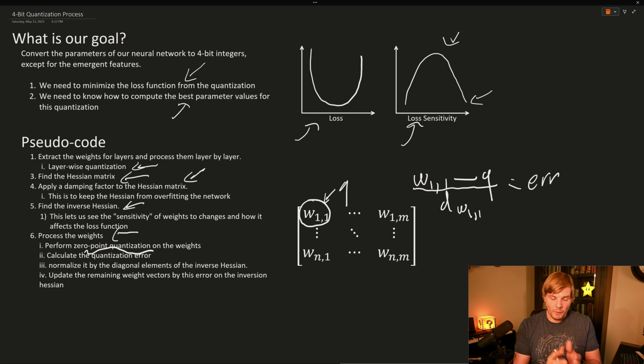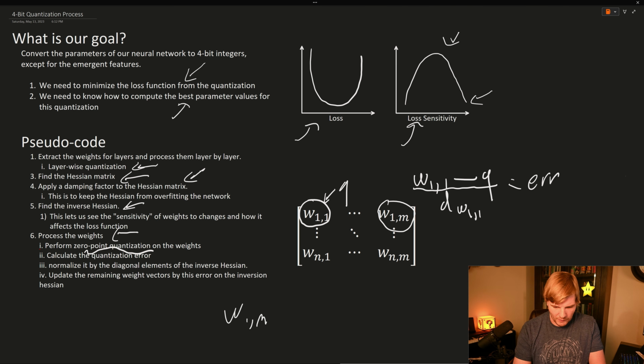So what we'd like to do now is balance out this error that we've introduced by going back through the rest of the unquantized weights and adjusting them by the error that we've introduced. So for example, if we look at weight 1m, we would update it to be this.